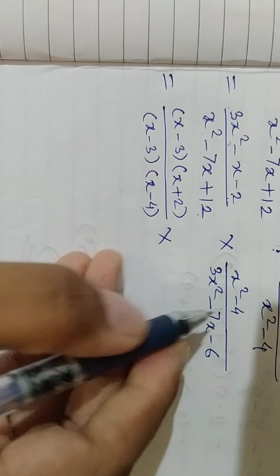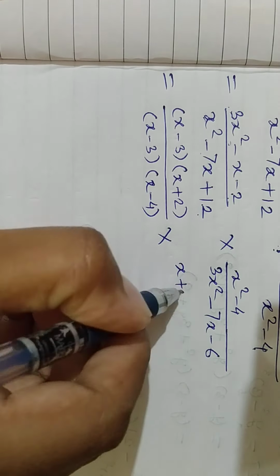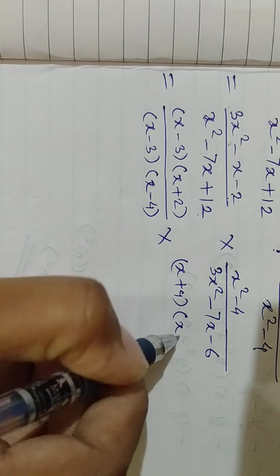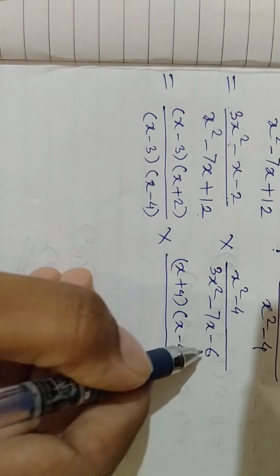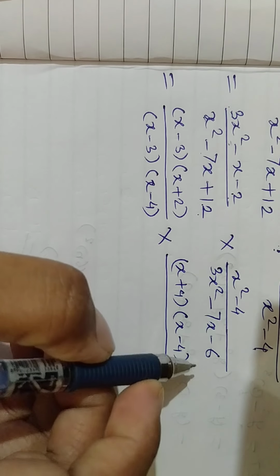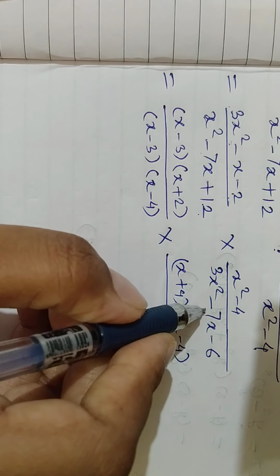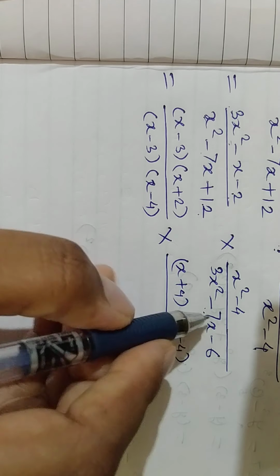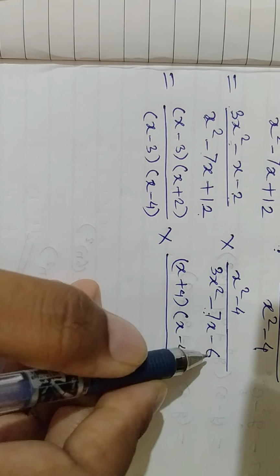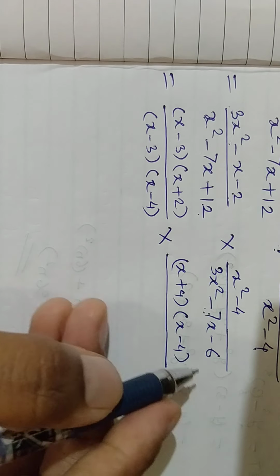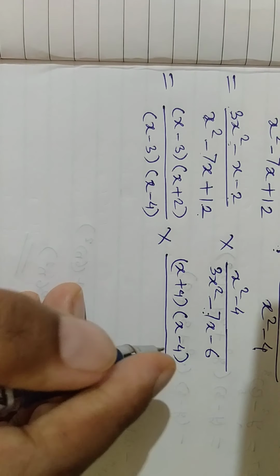Then x square minus 4 is (x plus 4)(x minus 4). Here 6 3s are 18, and 9 2s are also 18, so minus 9 and 2 will be the factors.